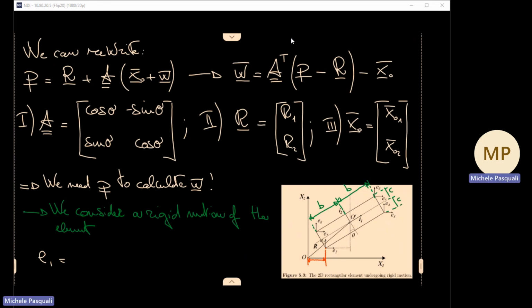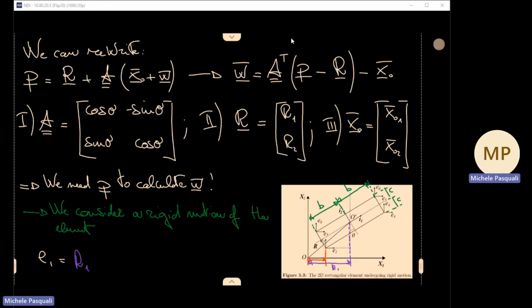So how can we actually get E1 from the picture? E1, I would say, is R1. R1 is this one here.